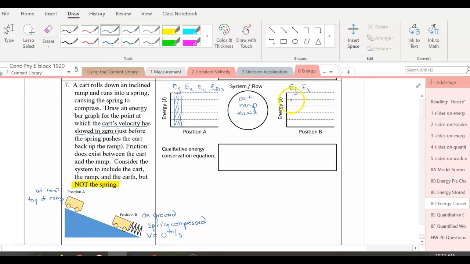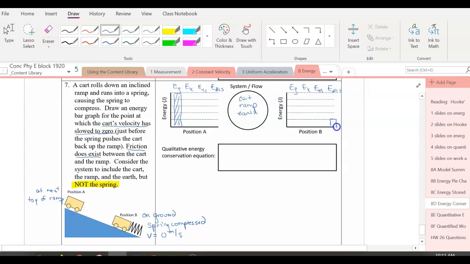It's not moving, at least for an instant, so there's no kinetic energy. I do think that there's some elastic potential energy somewhere, but is it in our system? No, because the cart, the ramp, the earth, those things don't store elastic potential energy. And did it tell us whether there was friction? It says friction does exist.